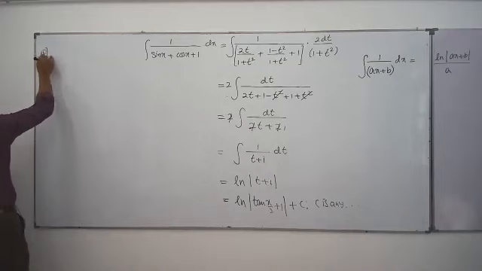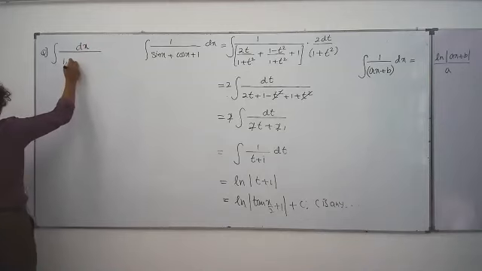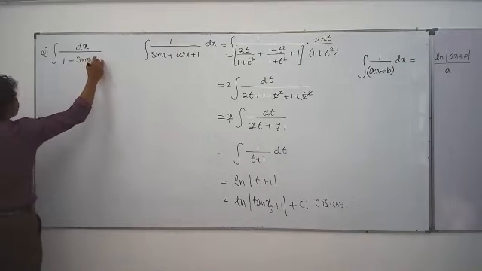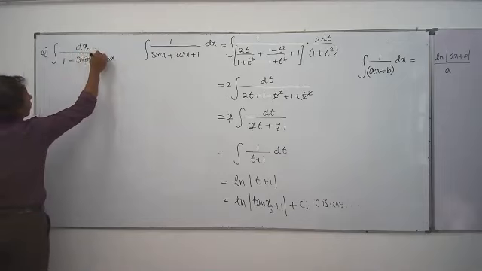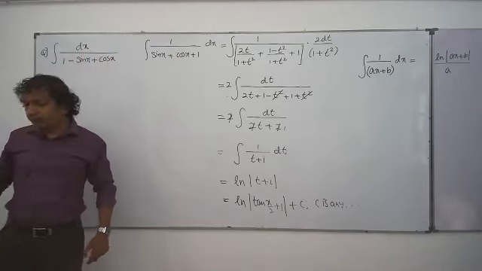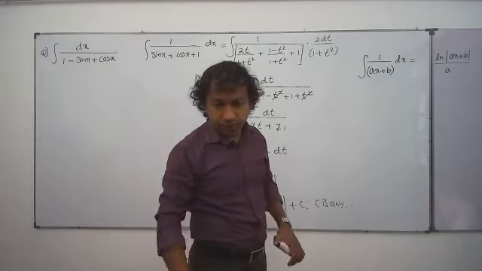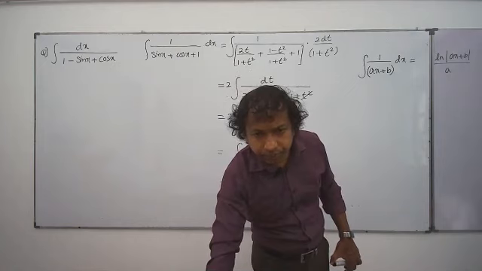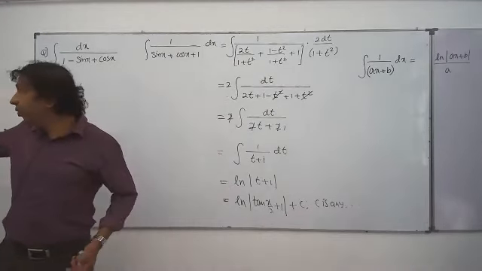Next one, this, people: dx upon 1 minus sin x plus cos x. This way. Right. Here also we apply the t equals tan x by 2 substitution. Right? Yeah. Take this, people. We'll come to that now.